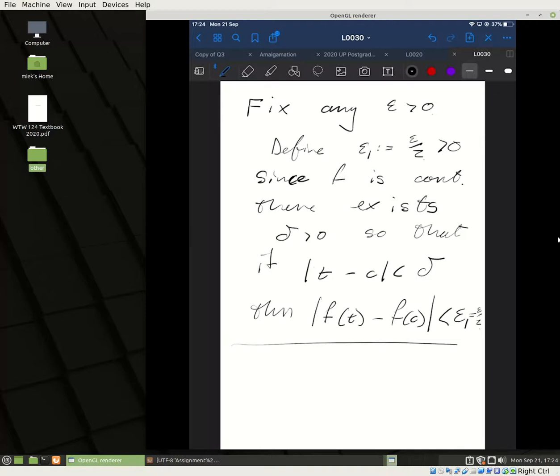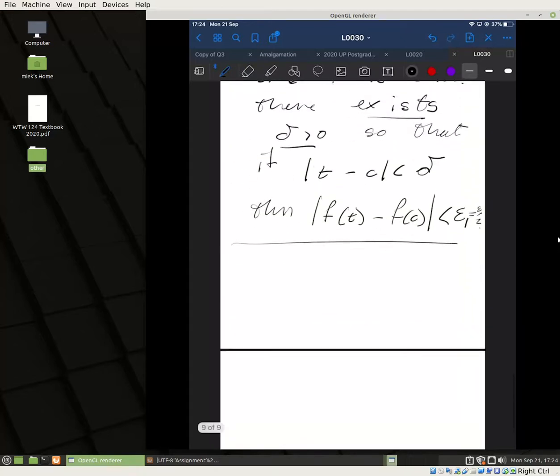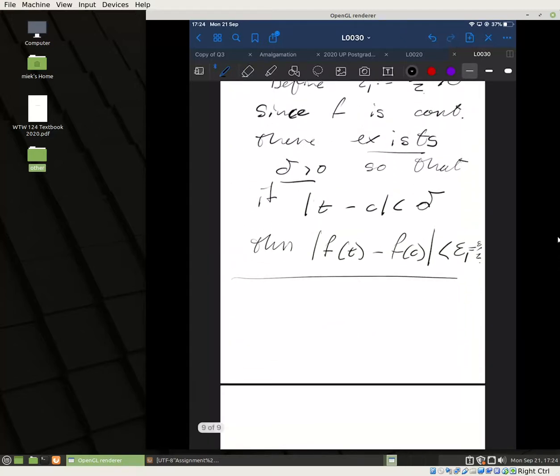Okay, and we have now found some delta. So there exists some delta. Good. So now we will use this delta to show that if h is greater than 0 but less than this delta, then everything works.